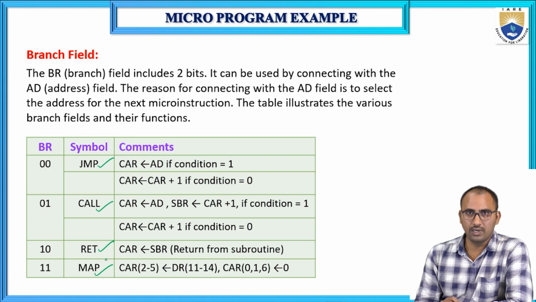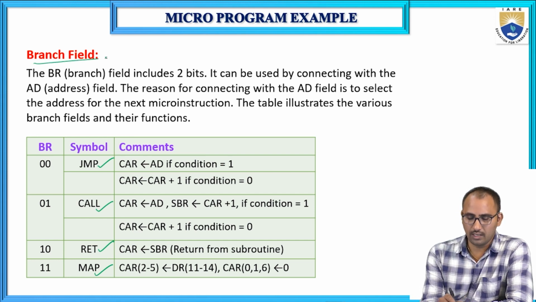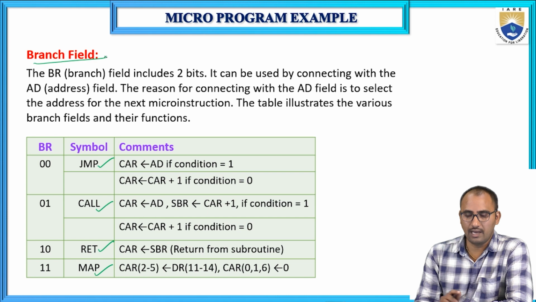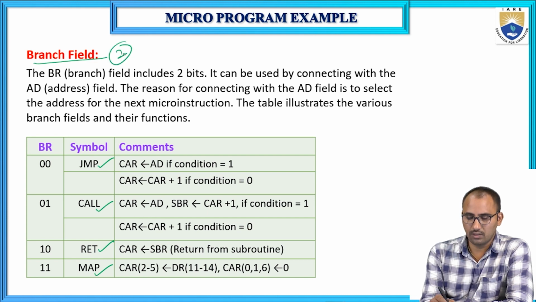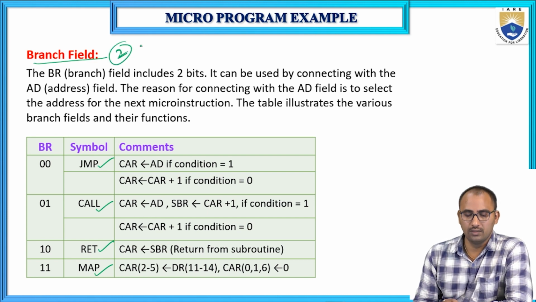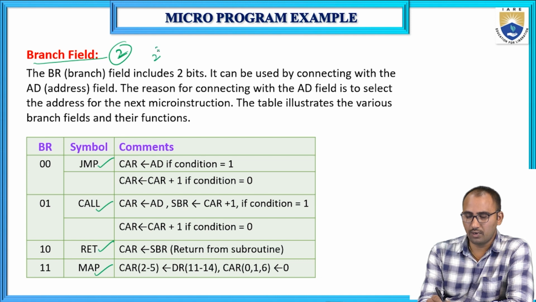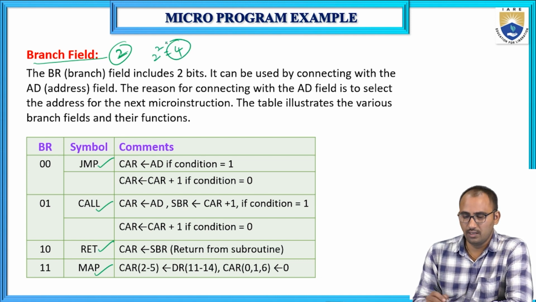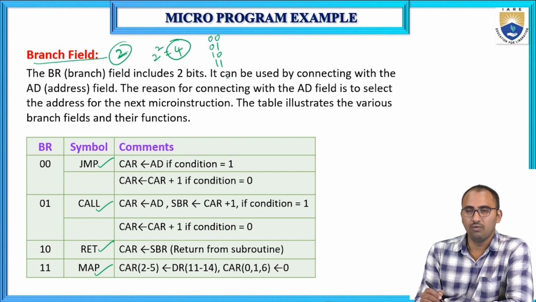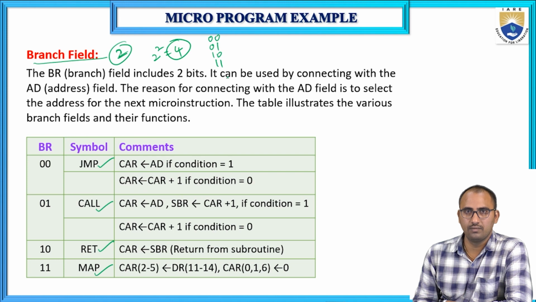The branch field has 2 bits. 2 bits means 2 power 2, that is 4 cases: 00, 01, 10, 11.